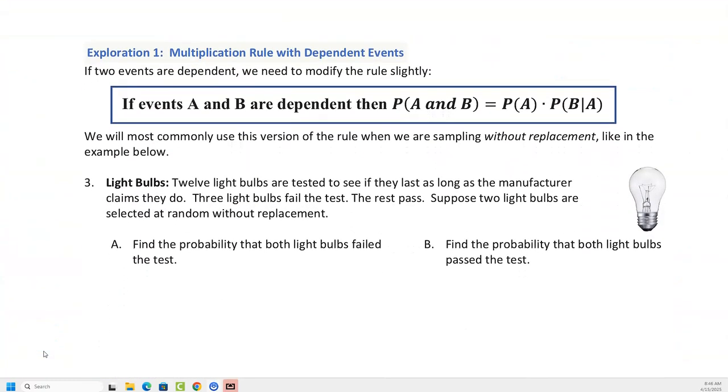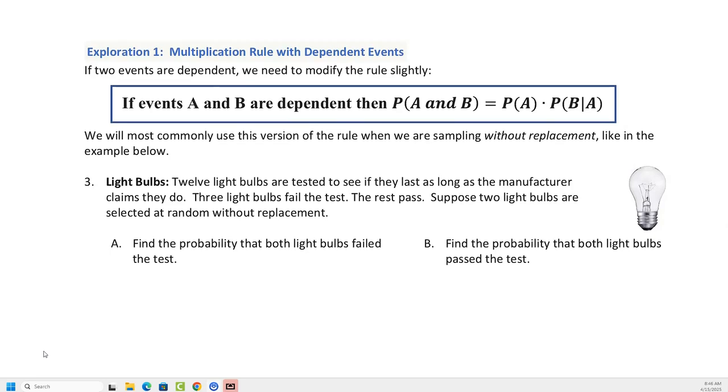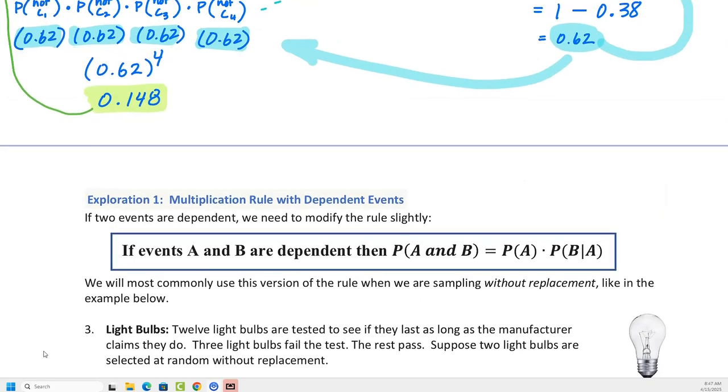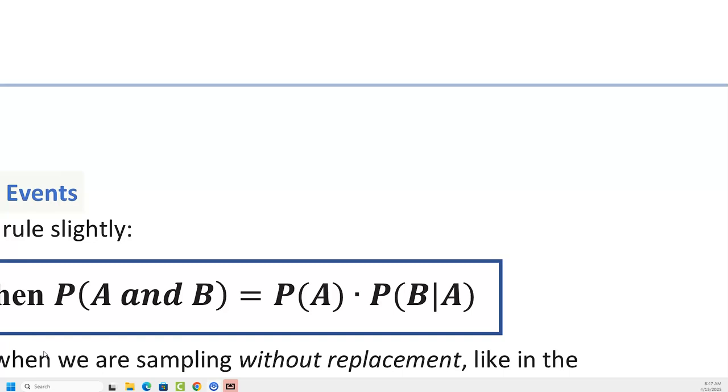It says here multiplication rule with dependent events. So now if they are dependent on each other, then what do we do? If two events are dependent, we need to modify the rule slightly. Let's do this. I'm just going to draw a small rectangle here. It doesn't have to be huge.